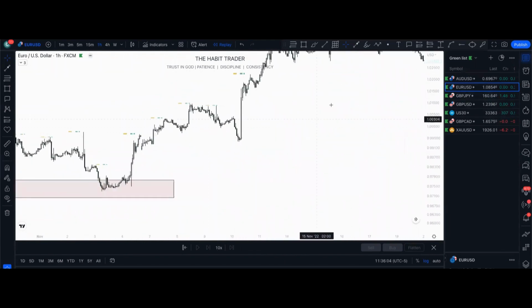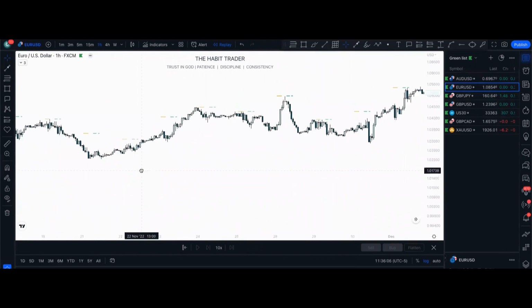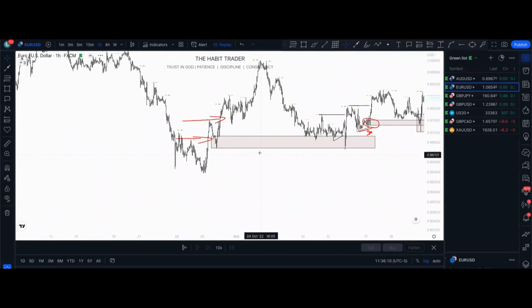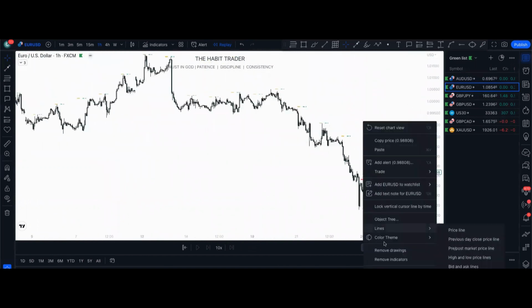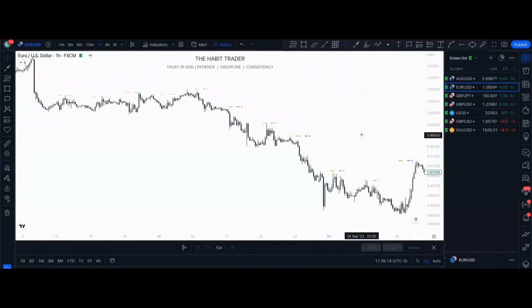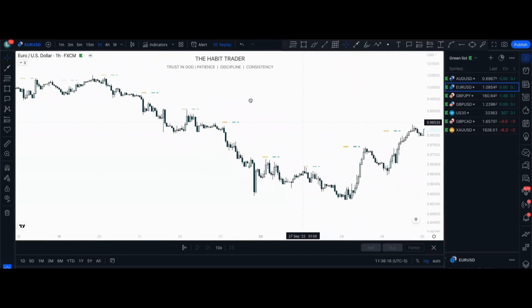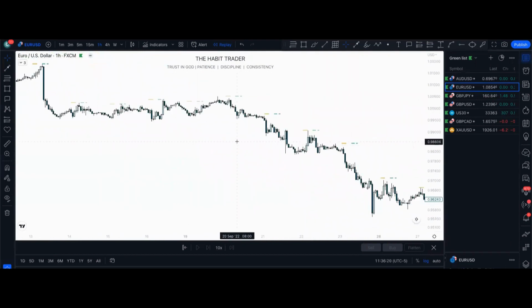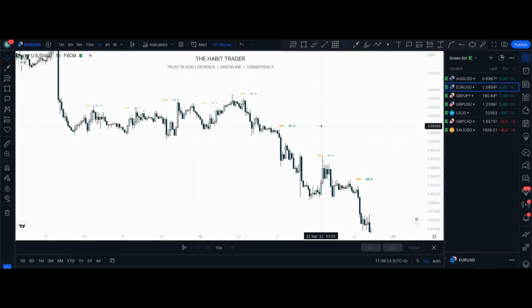Okay. So, as I mentioned earlier, it is better to trade with order flow.